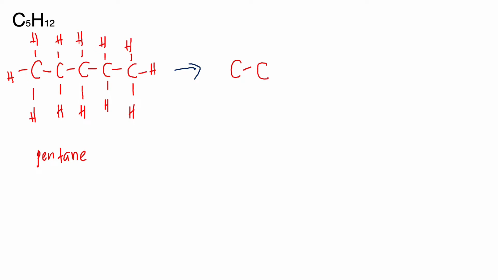C, C, C, C. Since previously the longest chain is 5 carbon, the next isomer you cuba pendekkan. Of course, we cannot panjangkan kan, sebab kita tak akan ada extra carbon. So kita pendekkan. However, where is the other one carbon? The other one carbon, we make it into a substituent, like this.